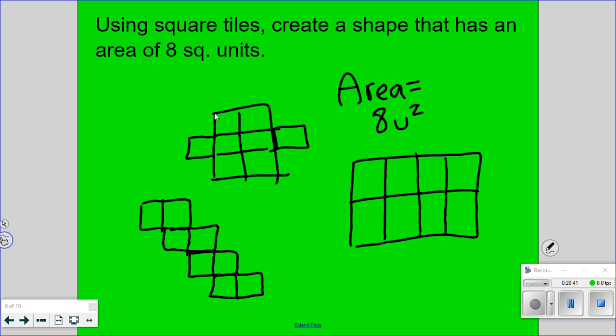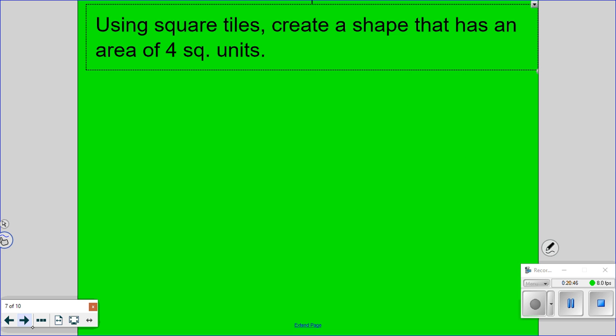Next one. Create a shape that has an area of 4 square units. 4 square units. Don't forget to trace it in your notebook. All right, I think a lot of us thought of this shape at least first. You might have made something more creative with your 4 square shapes.